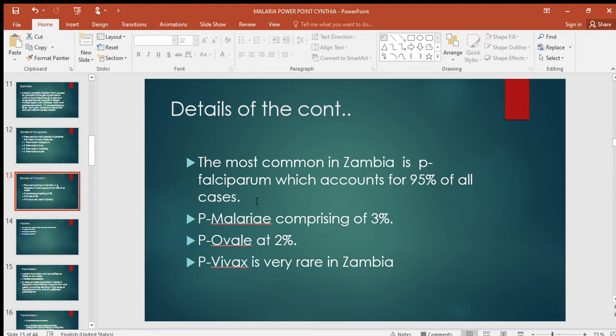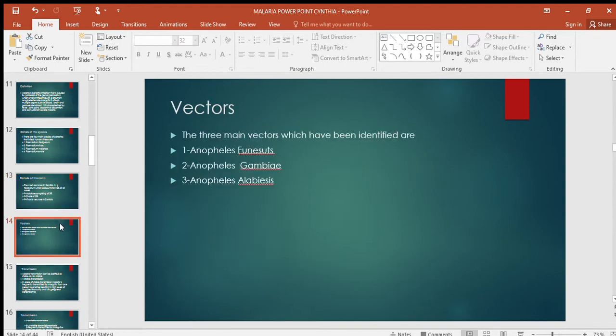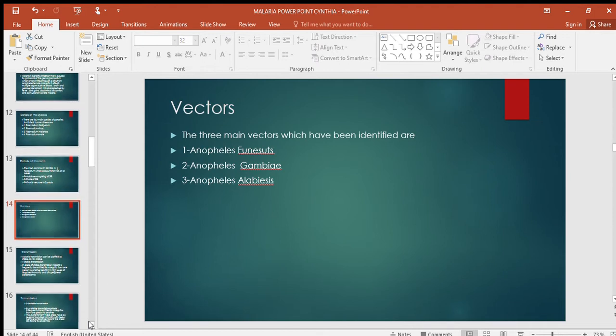Plasmodium malariae comprises 3%, Plasmodium ovale 2%, and Plasmodium vivax is very rare in Zambia. Let's also look at the vectors. The 3 main vectors which have been identified are Anopheles funestus, Anopheles gambiae, and Anopheles arabiensis.